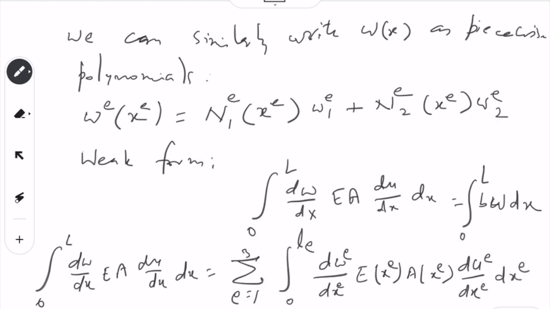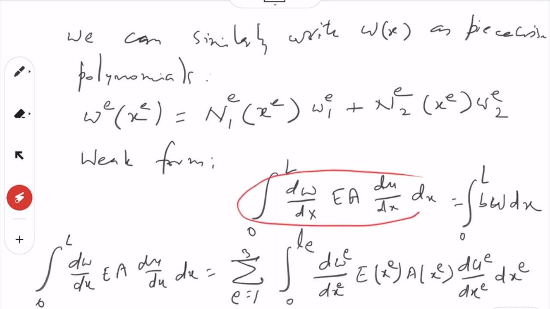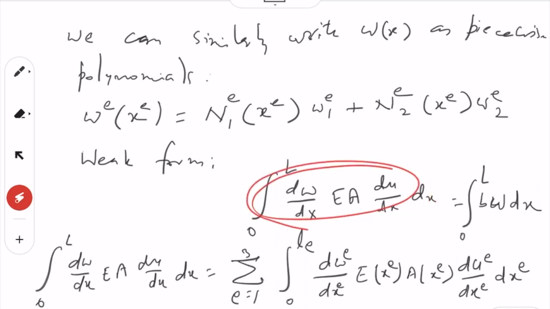Since this is in a global coordinate system, we have divided this, we are doing the same integration, but in local coordinate system.